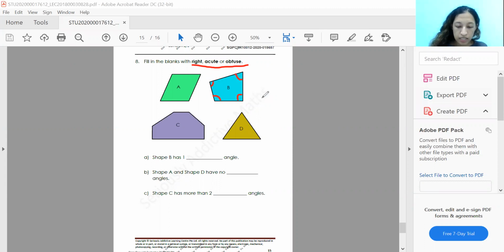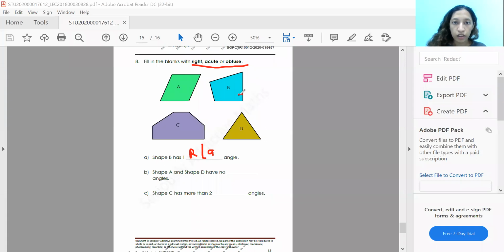So B, as you can see, there's a right angle, there's also an acute angle, right? So you can either choose which one you want to put. You can either put right angle, I'll just put R for right angle, or you can put A for your acute angle, okay? So as you can see, one right angle, one acute, okay, let's draw properly.